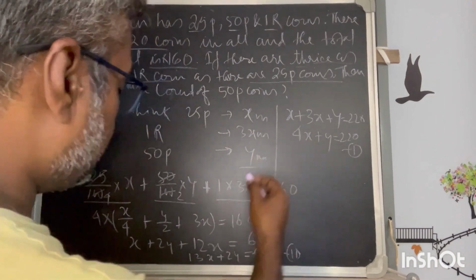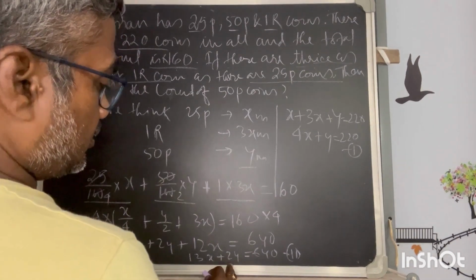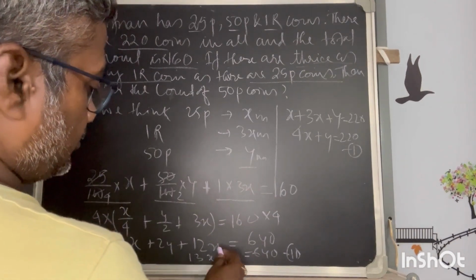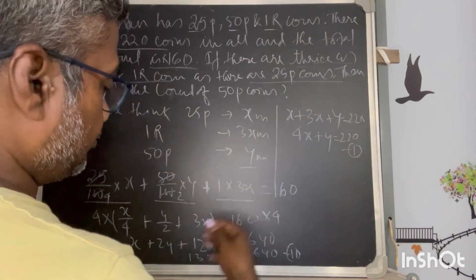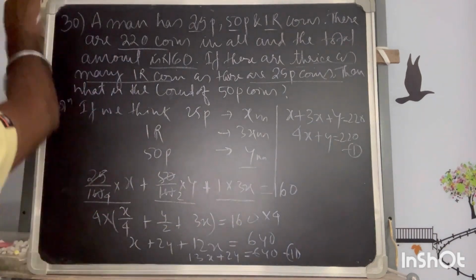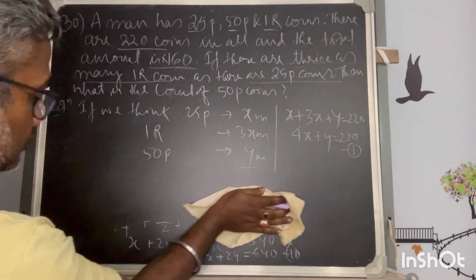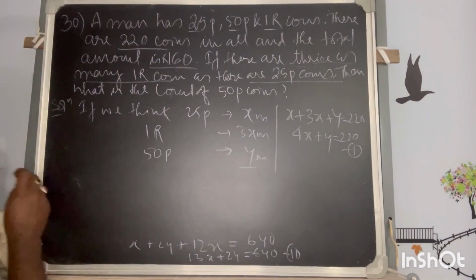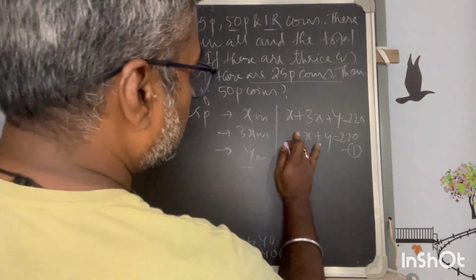Now if you have to solve it, you need to have y calculated. But if you try to eliminate x, that will be a bigger calculation. Rather, if you solve for y first, that will be easy for you. So you have to eliminate y from both the equations initially.